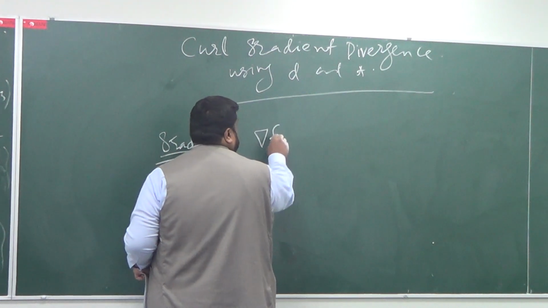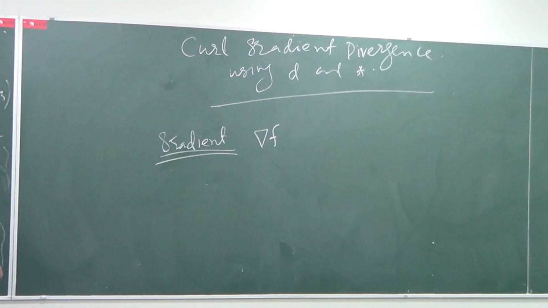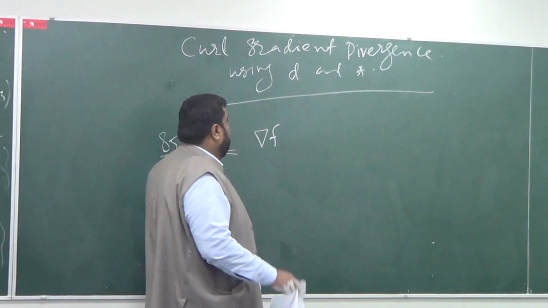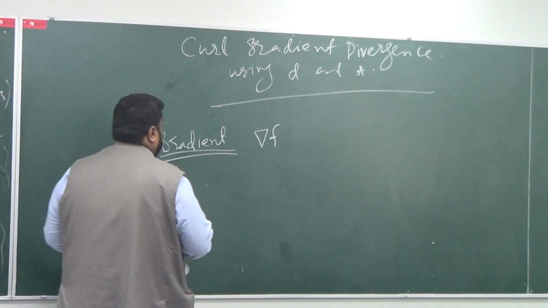I know that the gradient is this, del phi, classically, where f is a smooth scalar field from R3 to Rn. So what would be the expression for the gradient using one of these operators?